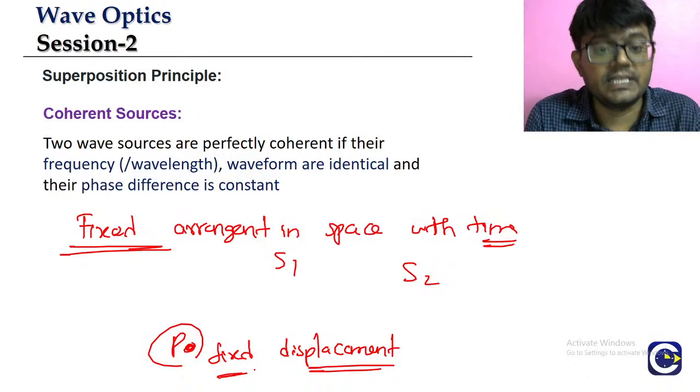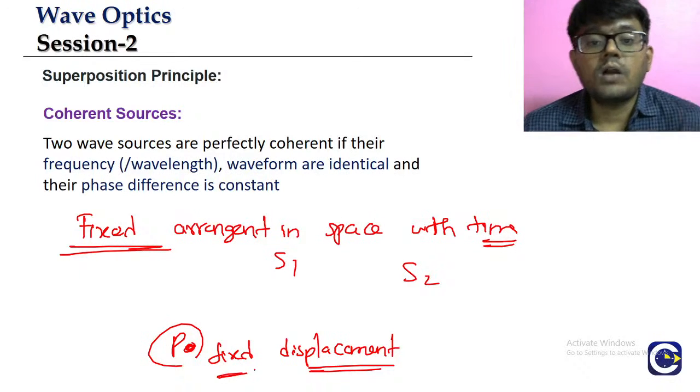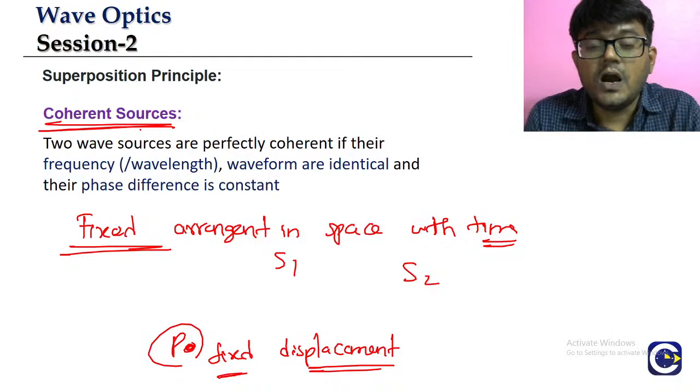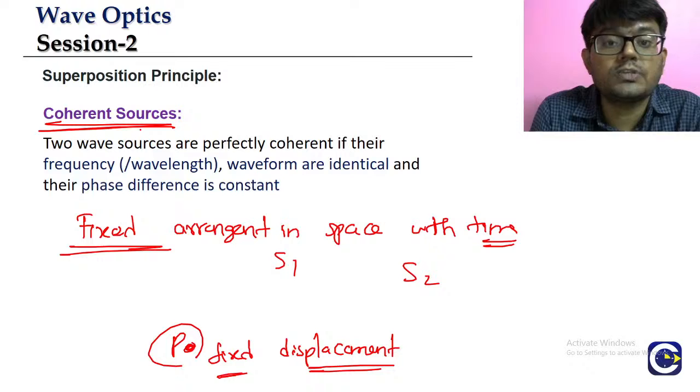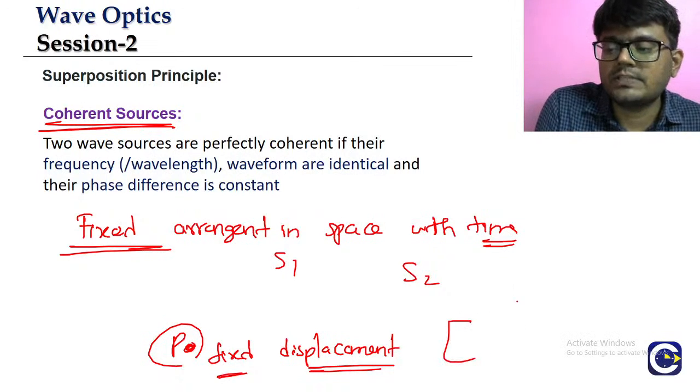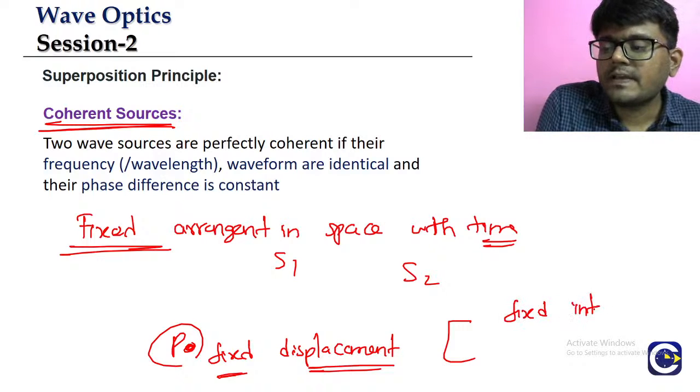For this condition, we will be requiring what we call as coherent sources. Later we will even see how that coherent sources will be able to produce the fixed interference pattern. So what is it? The coherent sources will be able to produce fixed interference pattern.